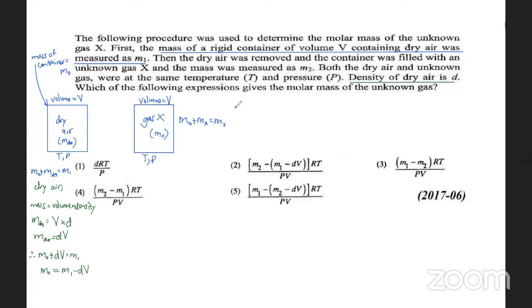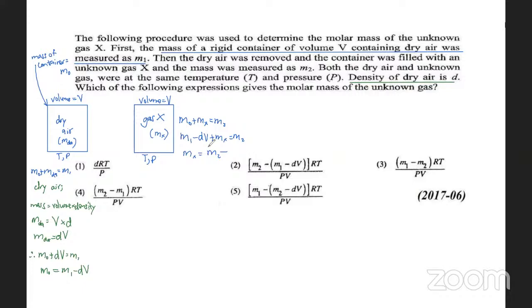So substituting, M1 minus dV plus Mx is equal to M2. Therefore Mx, the mass of gas X, will be equal to M2 minus M1 plus dV.